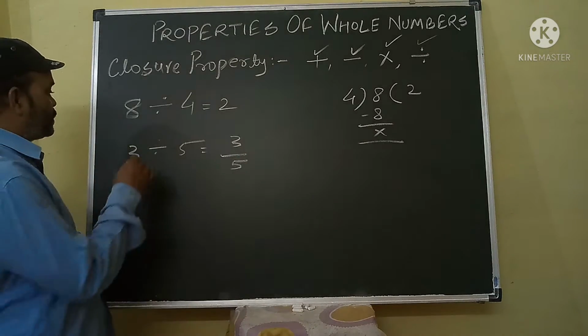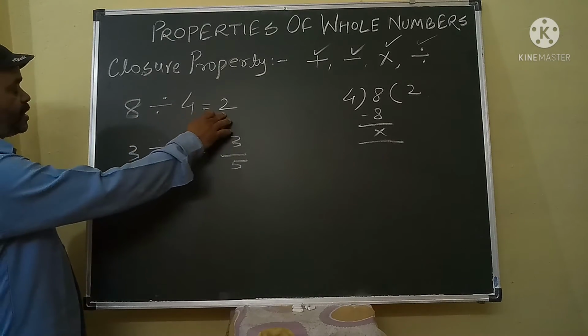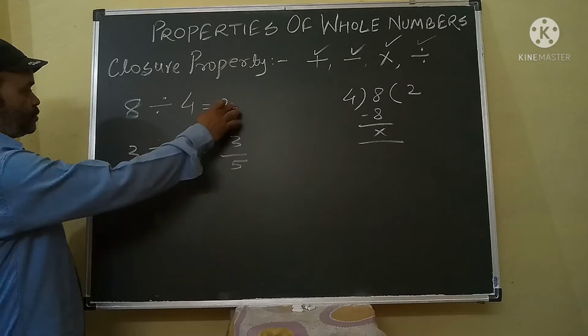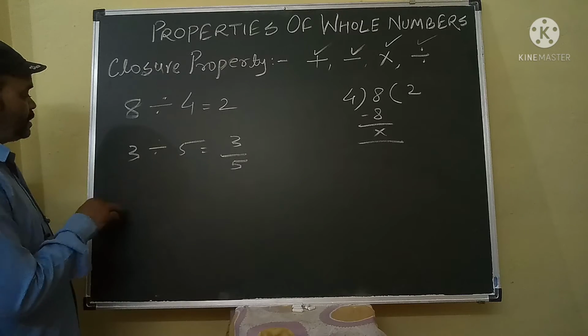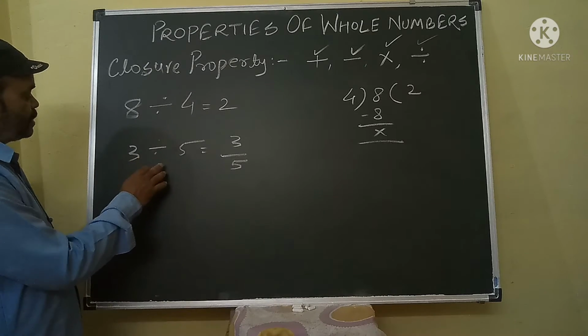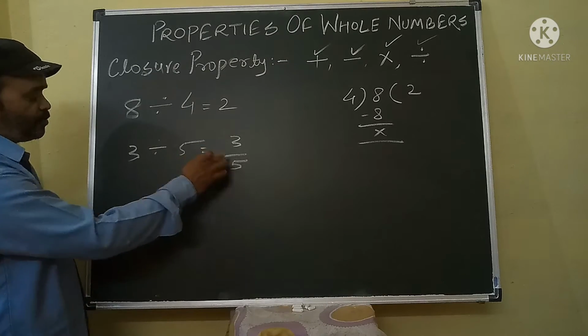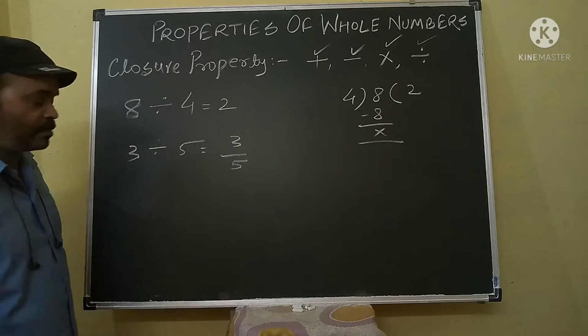So in the first example, 8 divided by 4 gives the quotient 2, a whole number. But in the second example, 3 divided by 5 gives 3 upon 5, which is not a whole number.